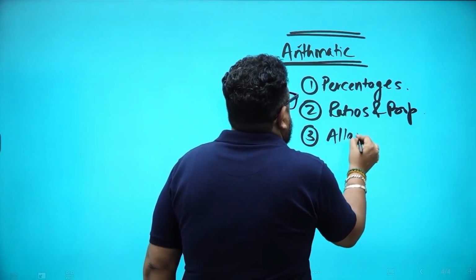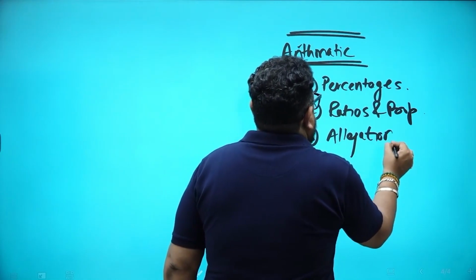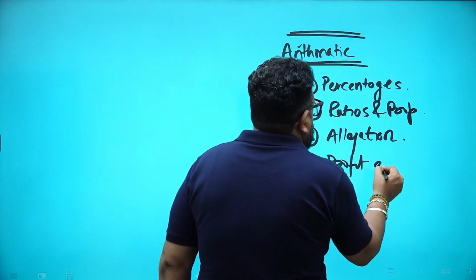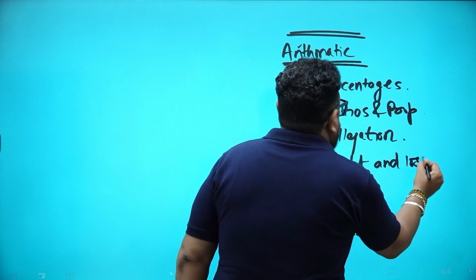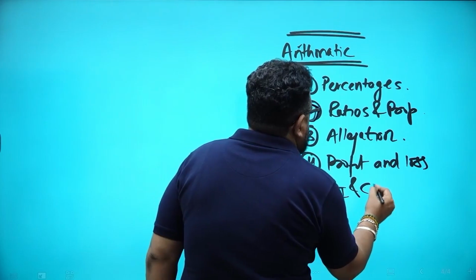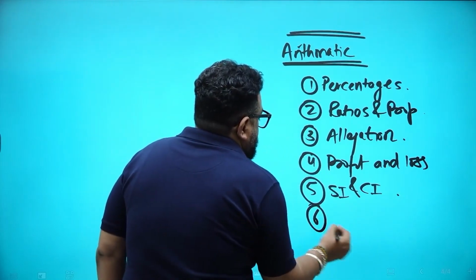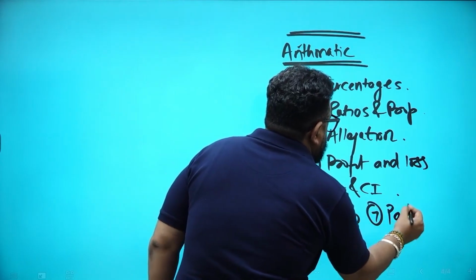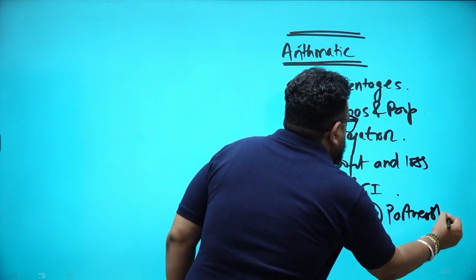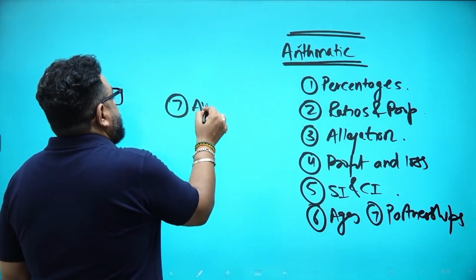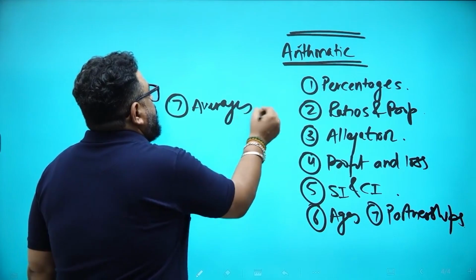allegations, profit and loss, simple interest and compound interest, ages, partnerships, averages, right?